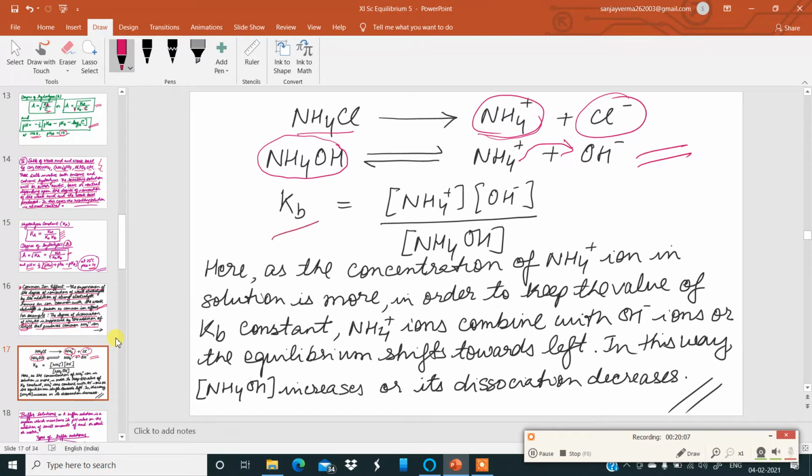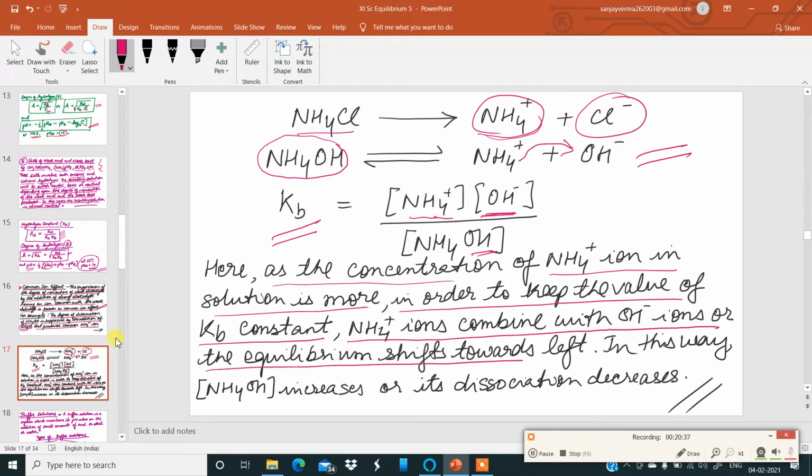Now, applying the law of mass action, the dissociation constant of the base, that is ammonium hydroxide, is obtained by writing the product of the concentration of the ammonium ion and hydroxyl ion divided by the concentration of ammonium hydroxide. Here, as the concentration of ammonium ion in solution is more, in order to keep the value of Kb constant, the ammonium ions combine with the hydroxyl ions, or the equilibrium shifts towards the left.